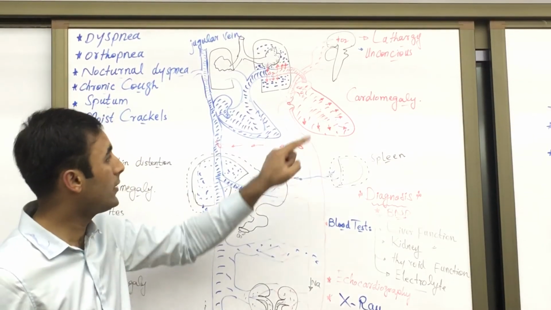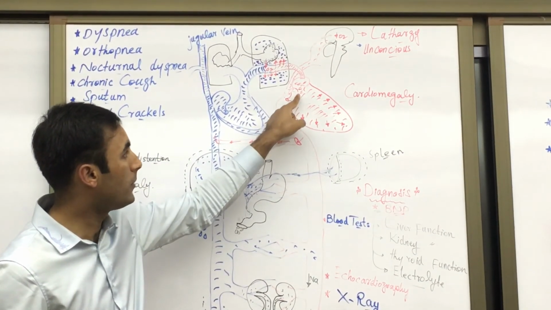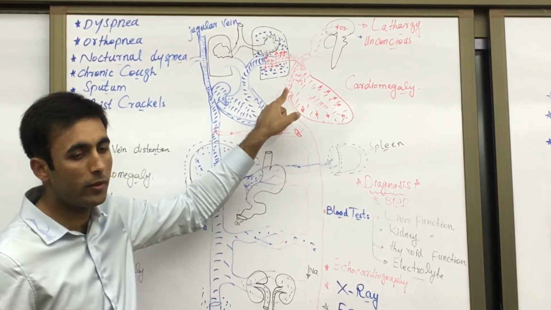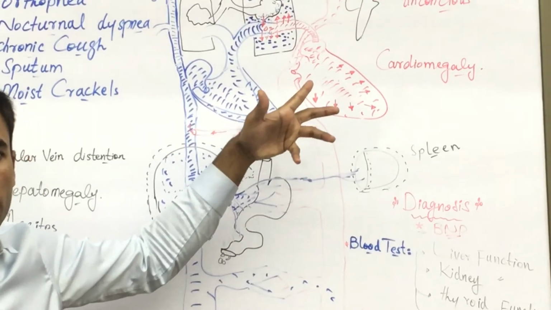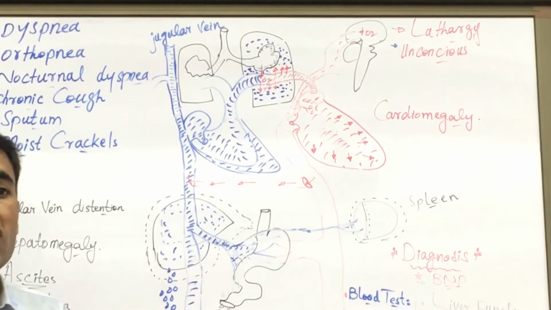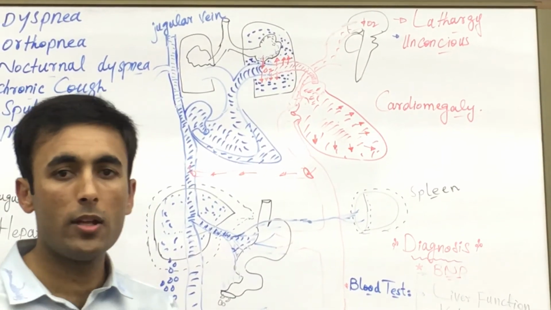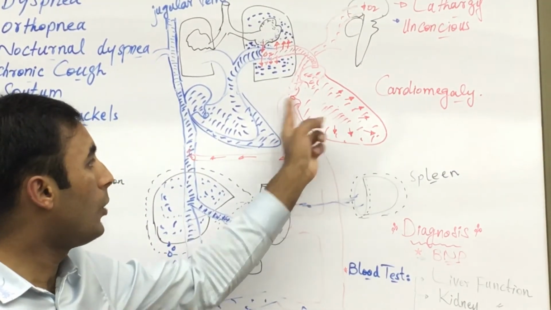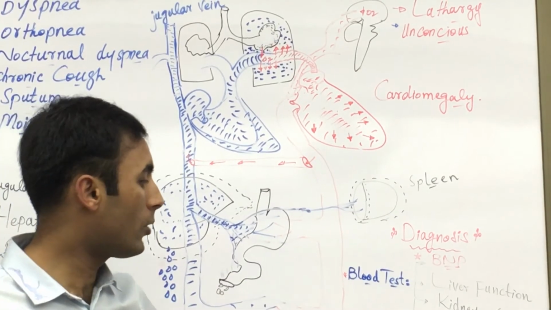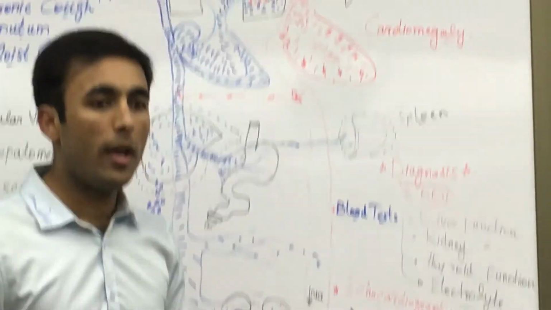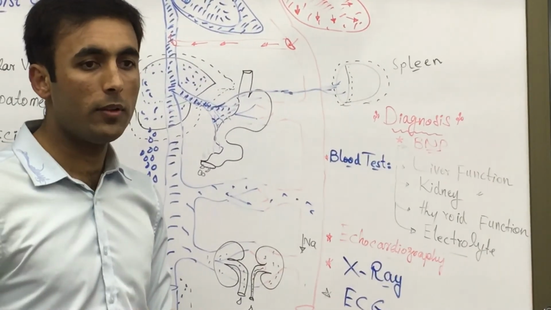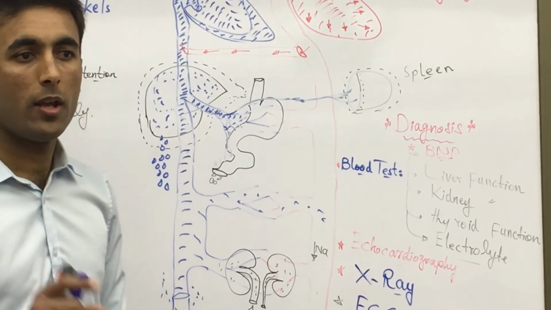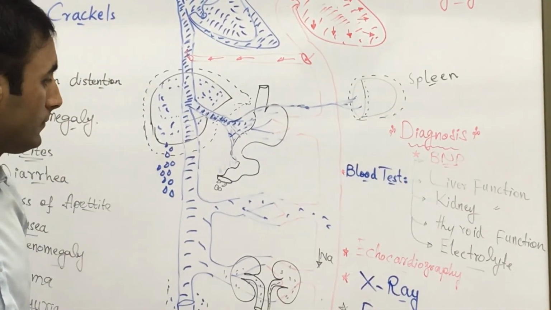We can also check the valves, mitral valve, pulmonary valve, tricuspid valve, or aortic valve, and the ejection fraction and stroke volume. How much blood is going out of the heart, we can also check by the echocardiography. So the echocardiography is one of the most important tests for the diagnosis of heart failure.